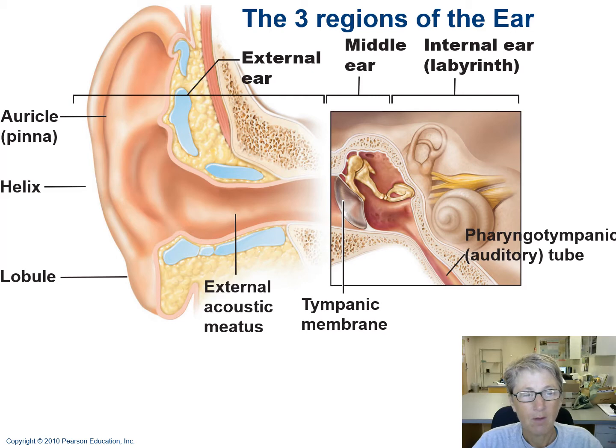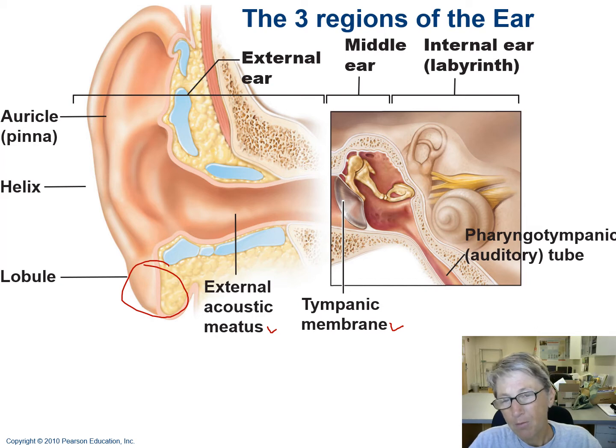Okay, so let's check everything that we've looked at. So we've got the auricle of the external ear, the lobule. We talked about the external acoustic meatus, tympanic membrane, and now from the middle ear, so here's the middle ear, that actually can go into your pharynx is the pharyngotympanic tube or the auditory tube.